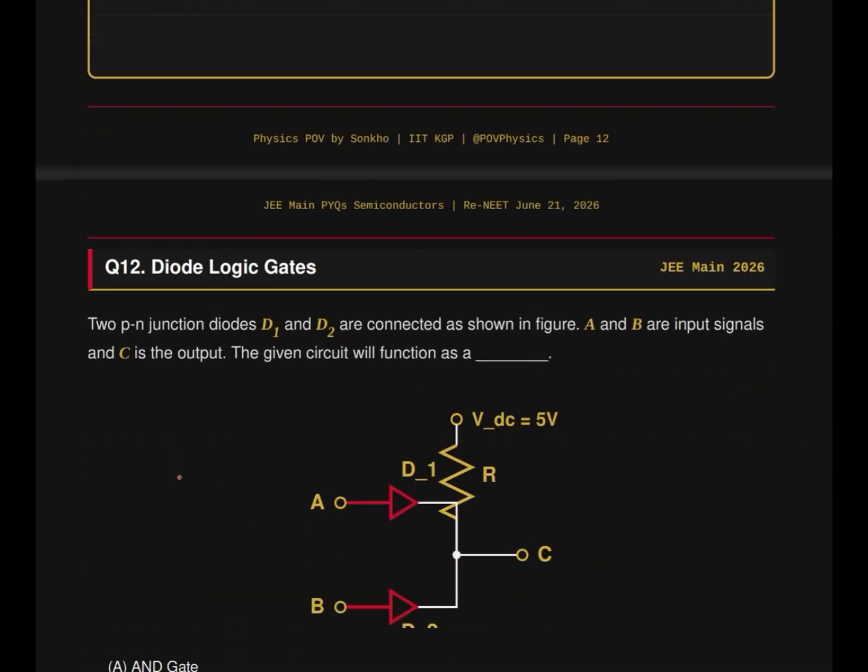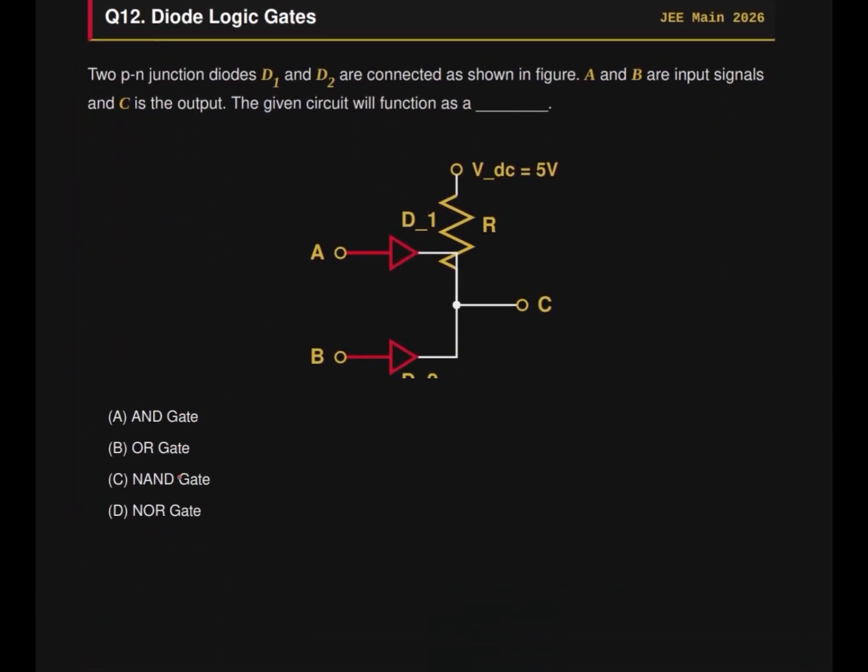Next, what we have? I think this diagram is a bit wrong. The question would be something like this. This will be C, this is B, this is A. We have a diode here. This will be a resistance, and we have another diode here.